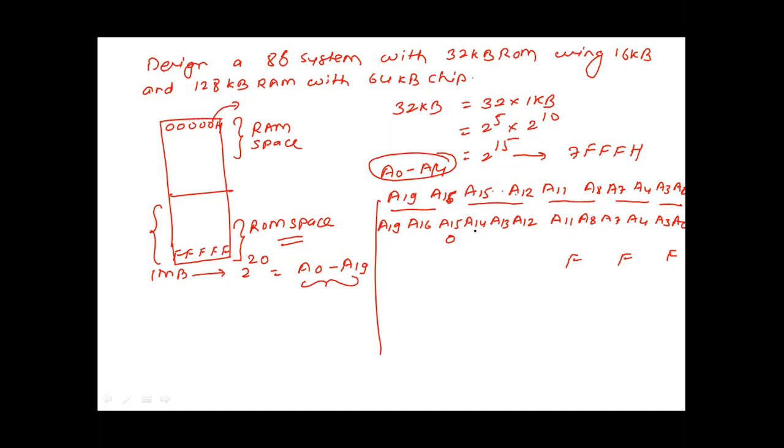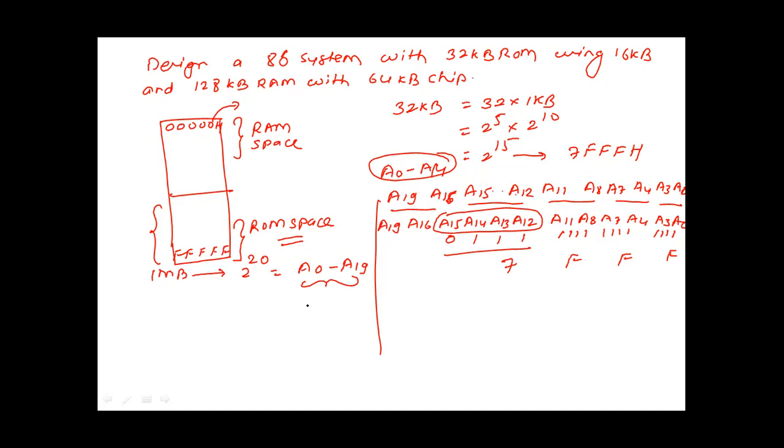The second last nibble, A15 to A12, till A14 you will have all the address lines as 1, so this would be 0111. Why are we doing all 1s? Because this is the final address in 32 KB, so we are determining what the 32 KB means. So this would be 0111, which is 7FFF. Your 32 KB is nothing but 7FFF.